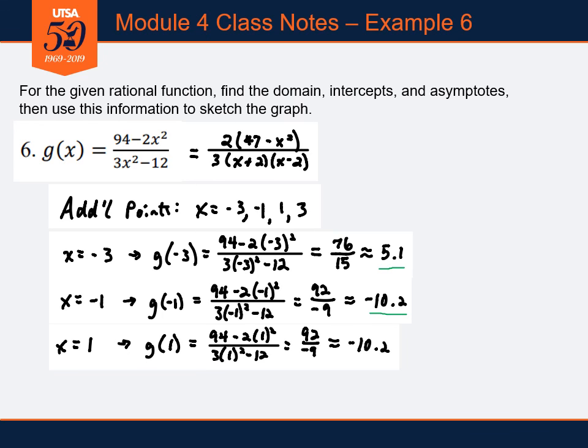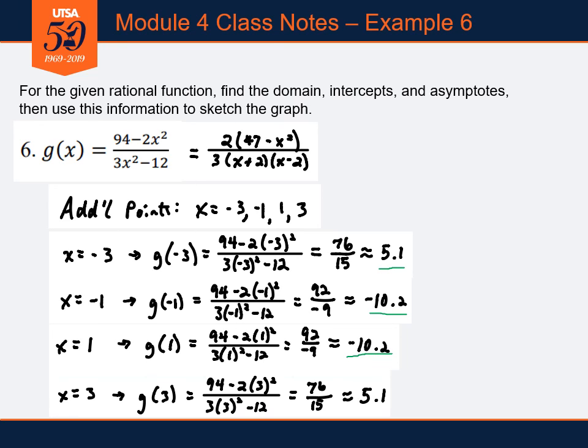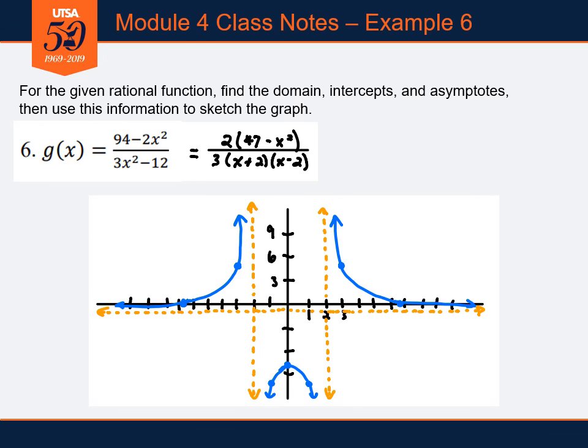Plug in 1, and you also get about -10.2. Finally, plug in +3, and you once again get +5.1. So we've got these points on the graph that actually shape the graph up to about what I was expecting, curving toward the asymptotes in all of these different branches.